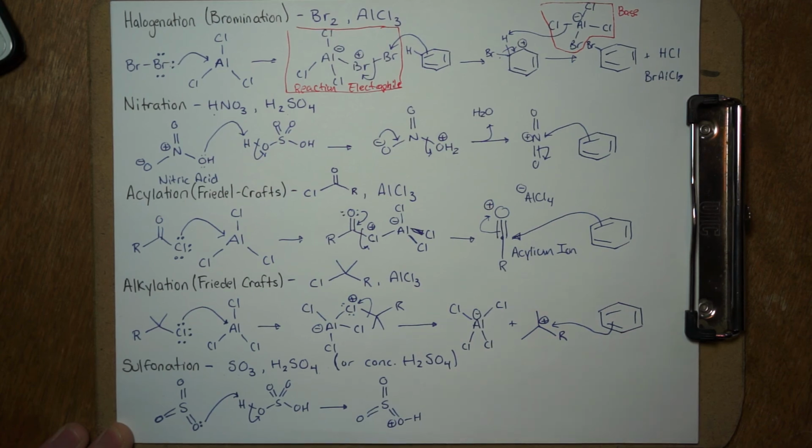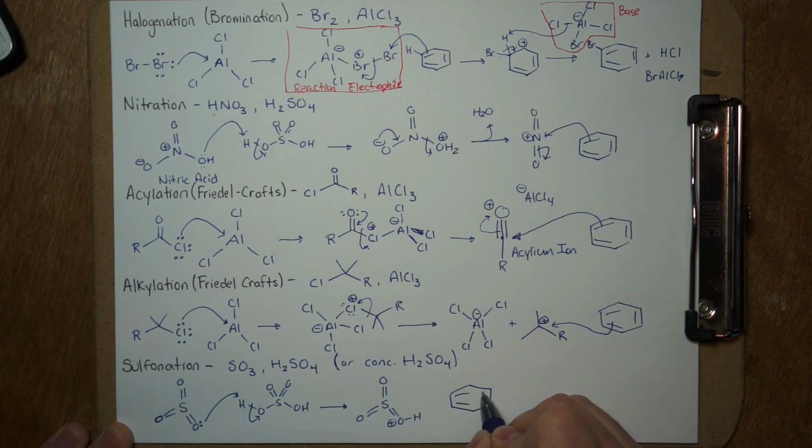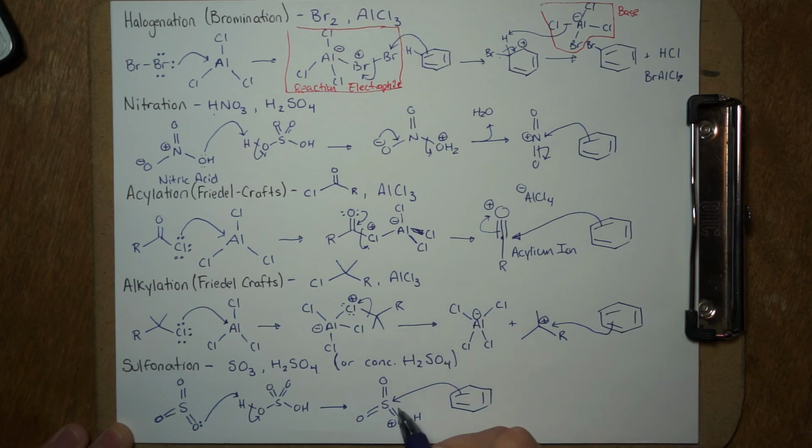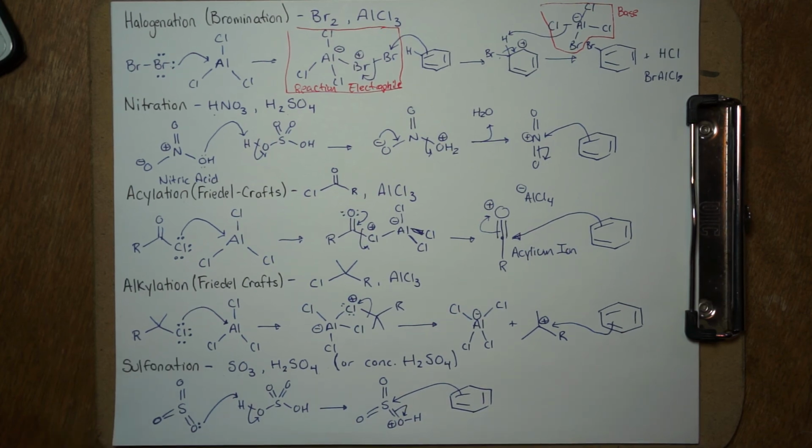And then this is the electrophile for the reaction. So benzene at this point is able to react. That's such a hot molecule that benzene's able to react and form the product.